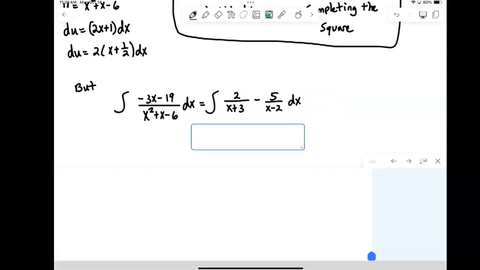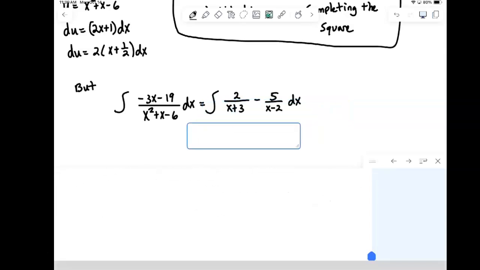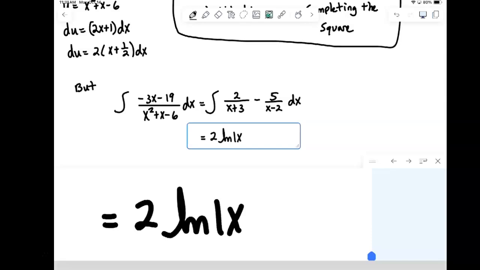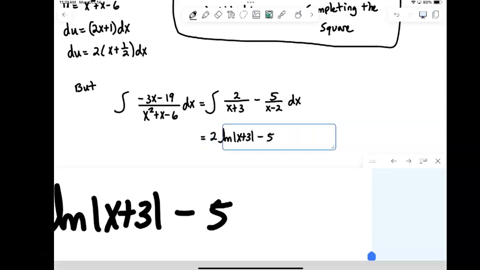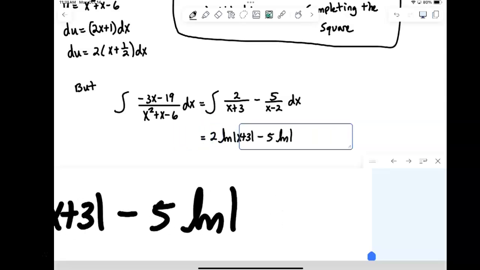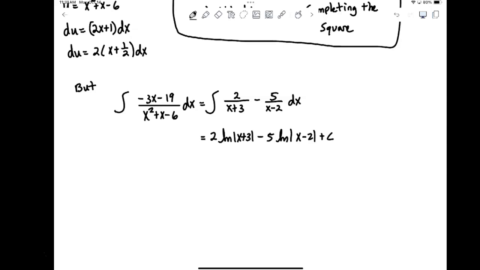Those are 2 very easy integrals to do because we just let u be the denominator for both of them. And this would just be 2 ln absolute value of x plus 3 minus 5 ln absolute value of x minus 2 plus a constant.